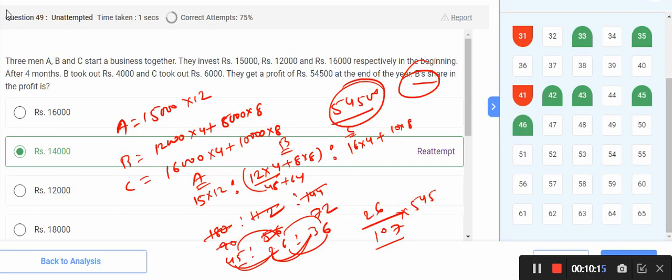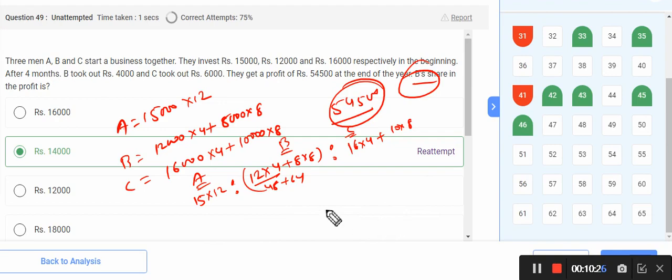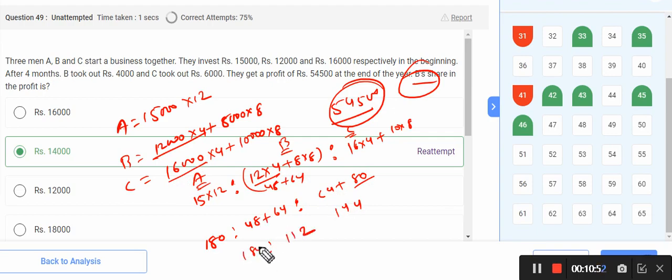Okay, there is some calculation mistake. Let me see what mistake I have done. Just a second. So 15 into 12 is 180, 48 plus 64 is 112, and 64 plus 80 is 144.